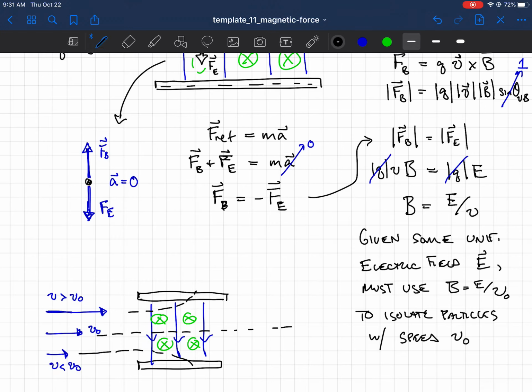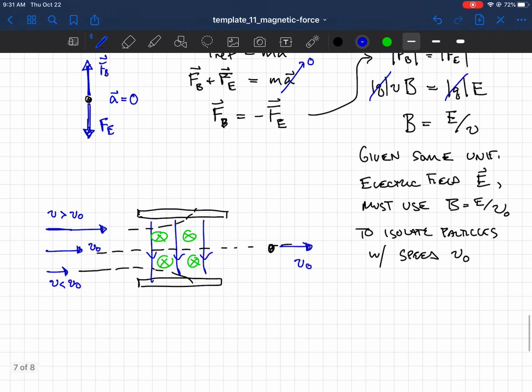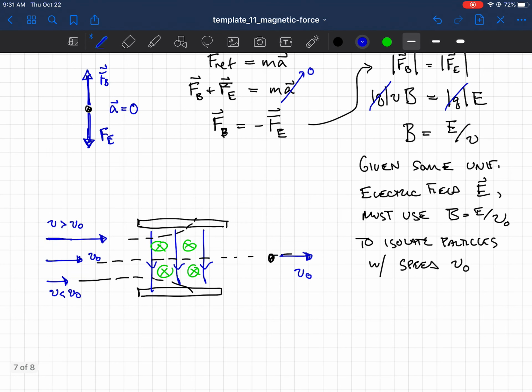The electric force will pull it into there. So you can see that the only things that arrive on the other side are those particles that come out with a V naught. So we've isolated the particles of a certain speed, and you do it by arranging the magnitudes of your electric and magnetic fields.